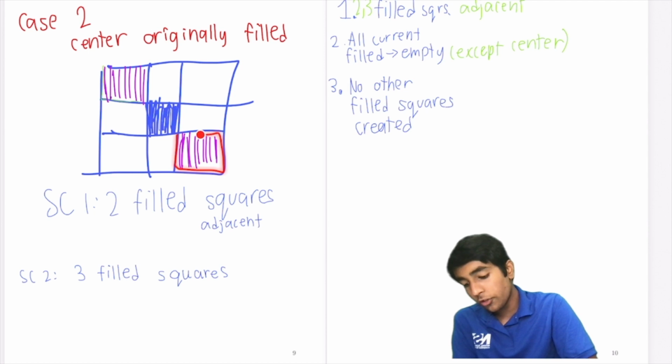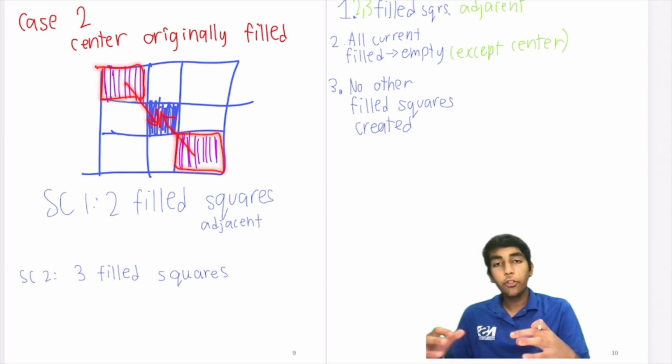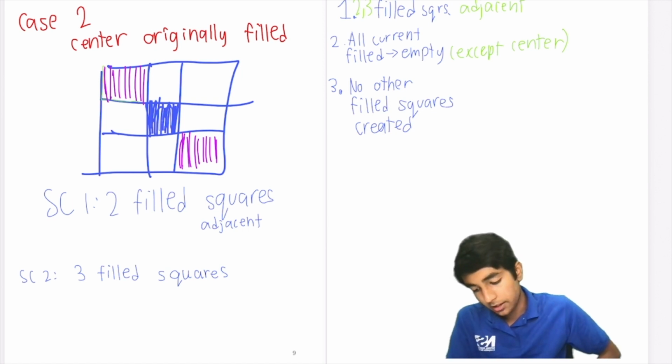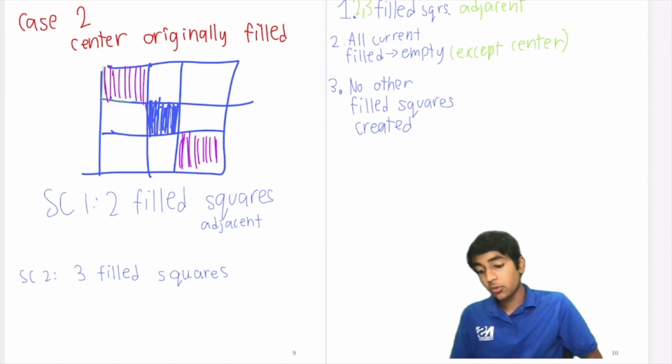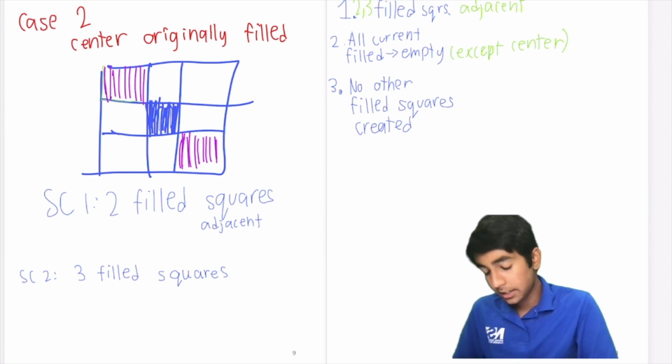Well, this square is only adjacent to one filled square, and this one is only adjacent to one as well. Both of the other filled squares are only adjacent to one filled square, so they're both going to become empty after this. Are no other filled squares created? For that to happen, a square must be touching all 3 squares.